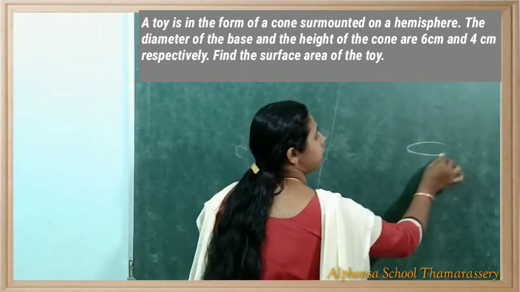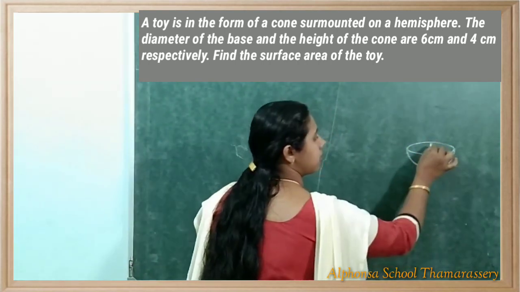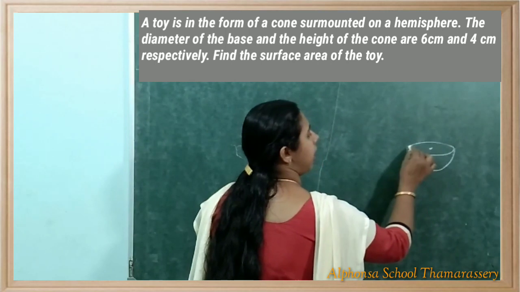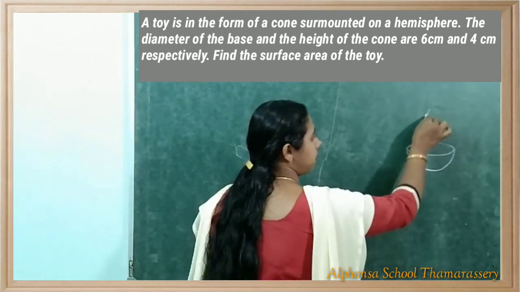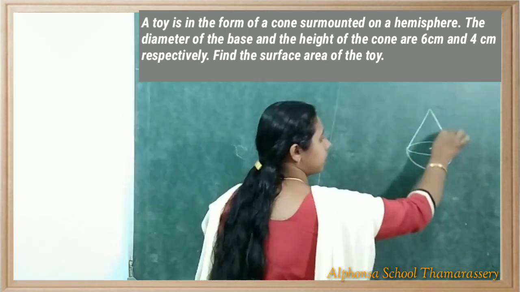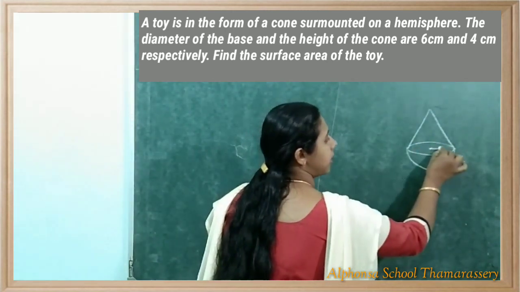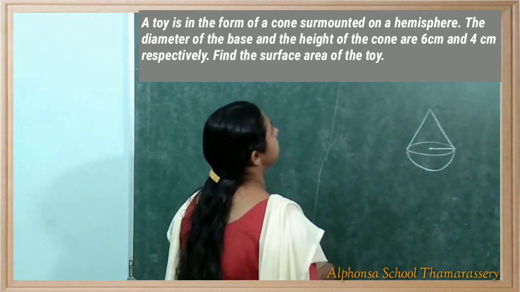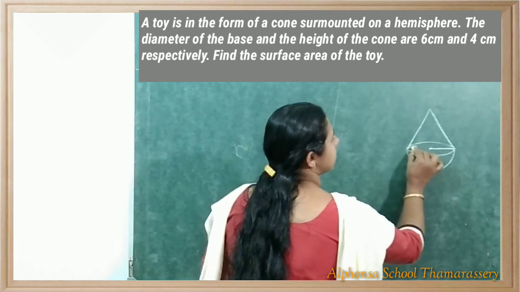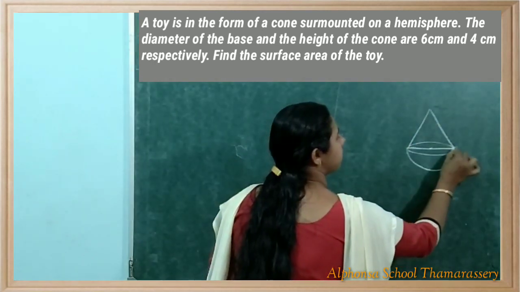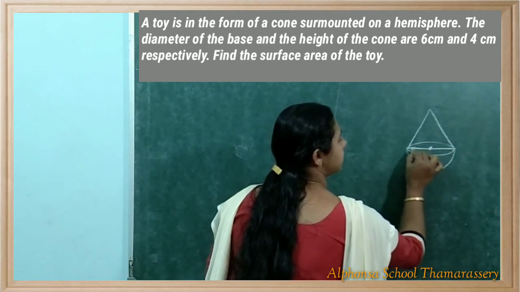So we can draw the figure, a hemisphere, and on the top of this hemisphere there will be a cone. Both have the same base. The diameter of the base is given, that is 6 cm.